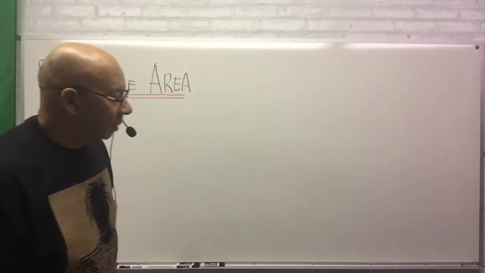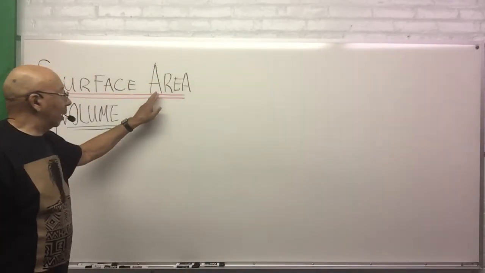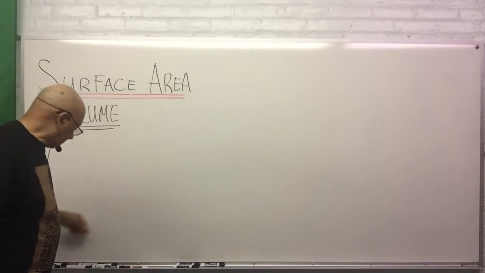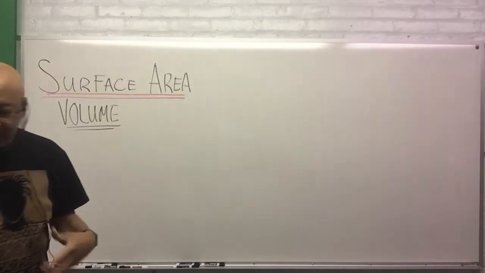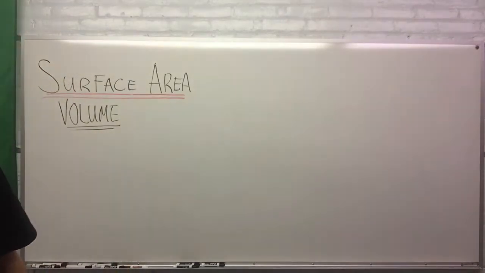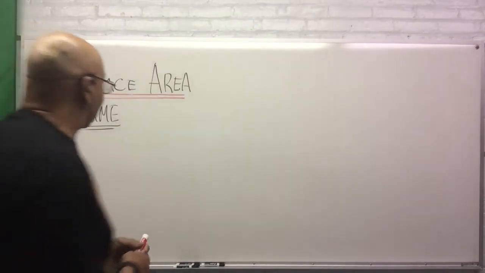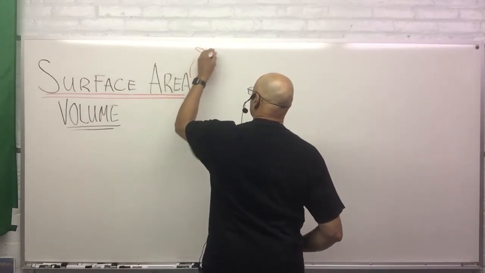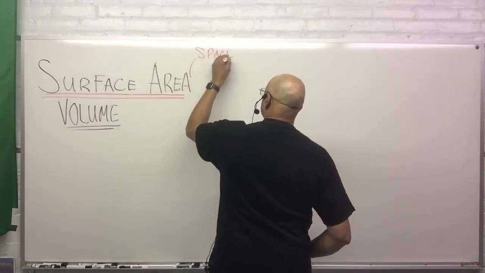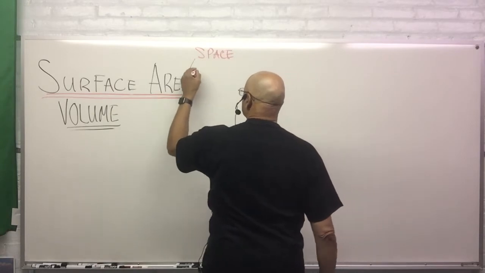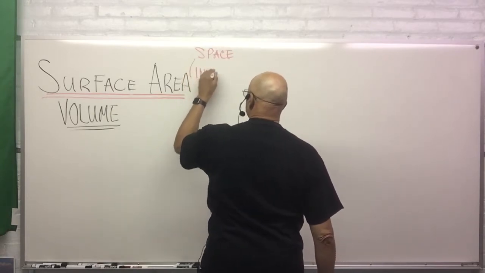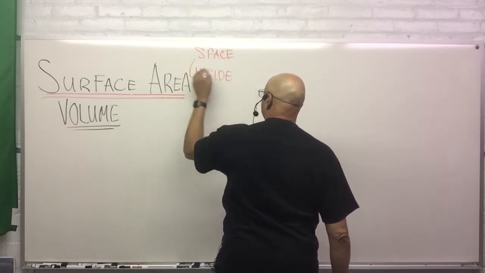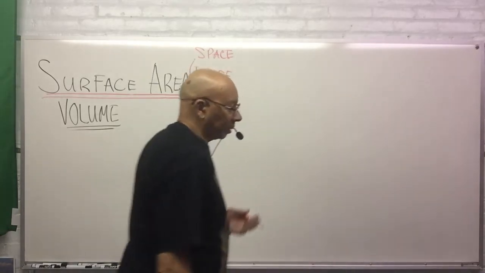So the surface area, we know area means space. The space inside is area. Let me just write that as a reminder. Area is the space inside of a shape.